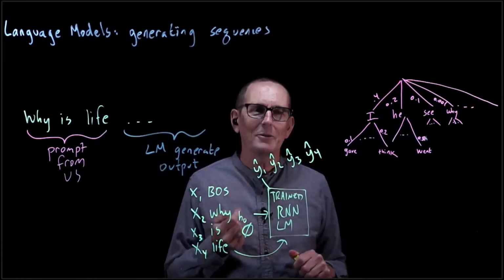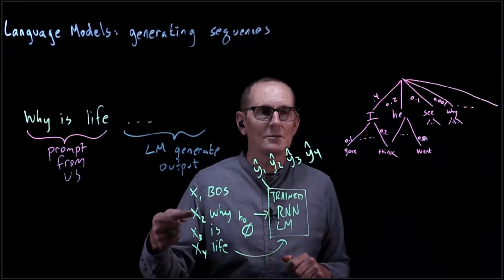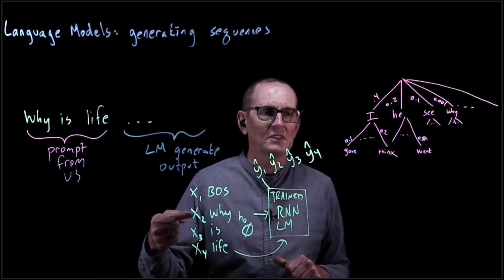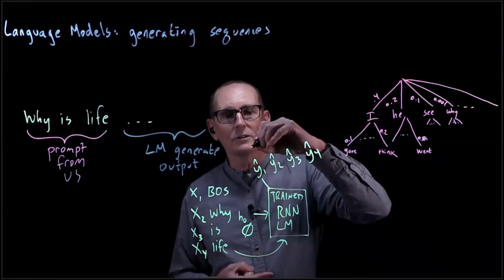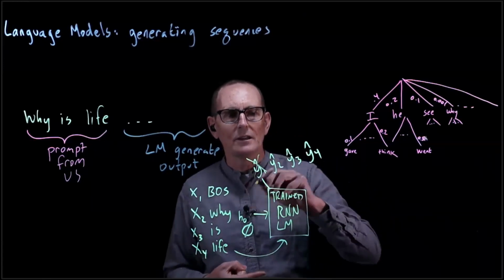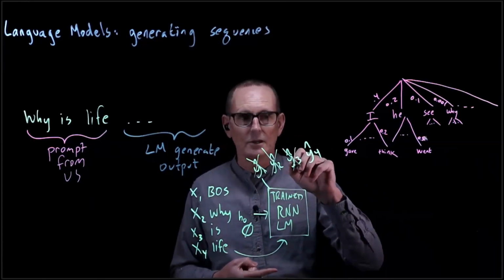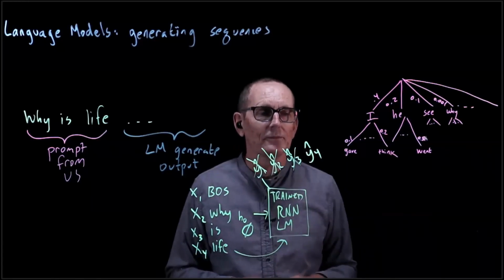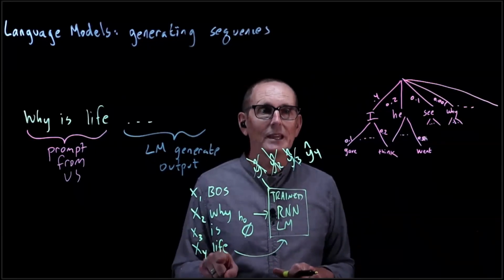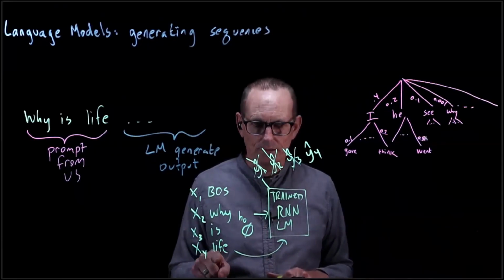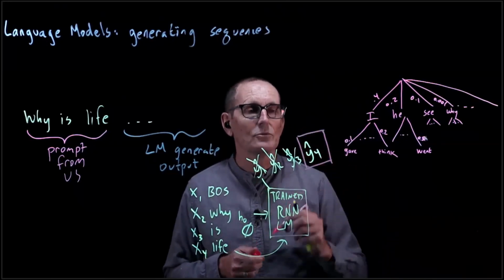Do we care about what it predicts, though, for what x2 is going to be? We already know. We know we're going to be using "is." So we don't care about y hat 1. We don't care about y hat 2. We don't care about y hat 3. What's y hat 4 represent, Jessica? The word after "life." The word after "life," do we care about that? Yeah. So this is what we're going to be looking at, this y hat 4.